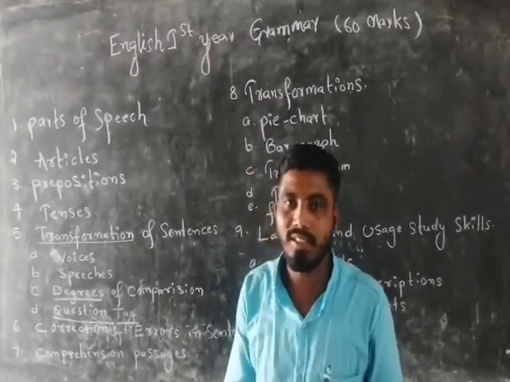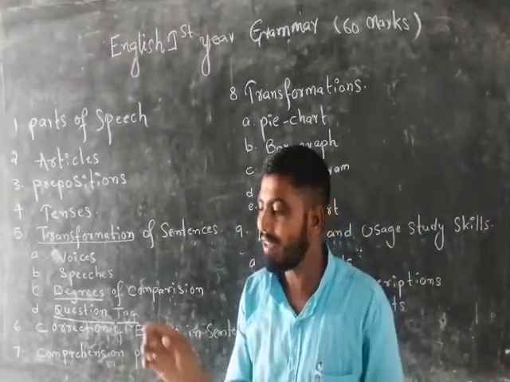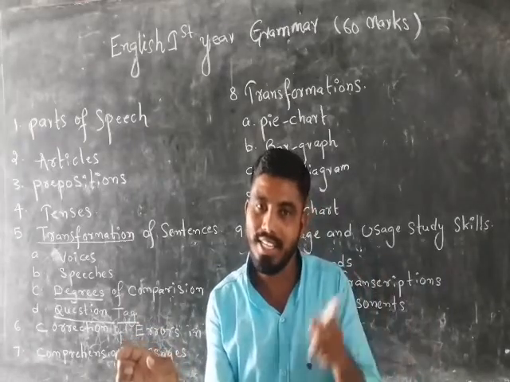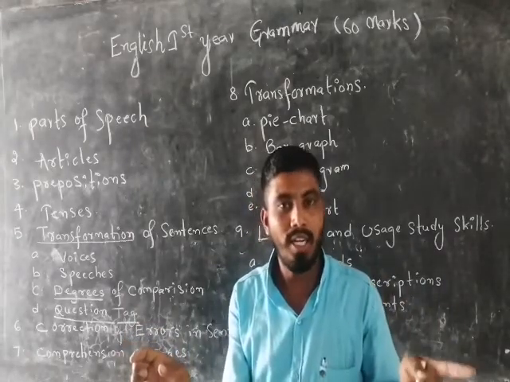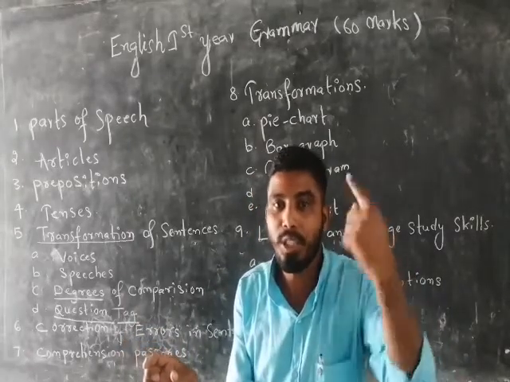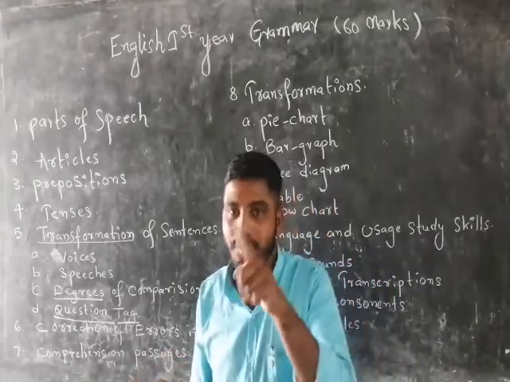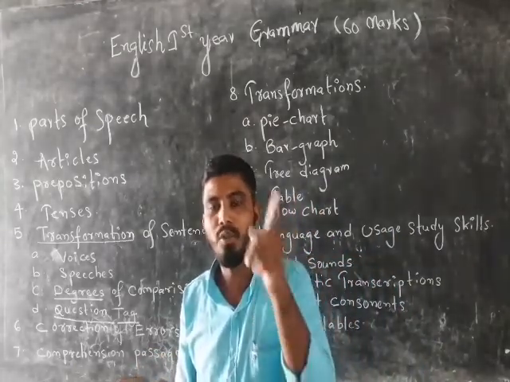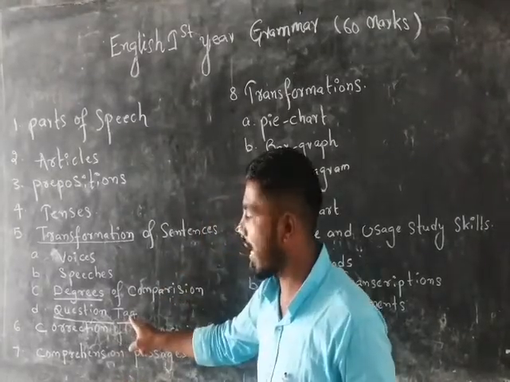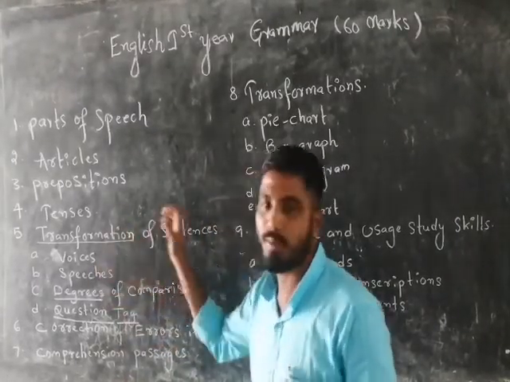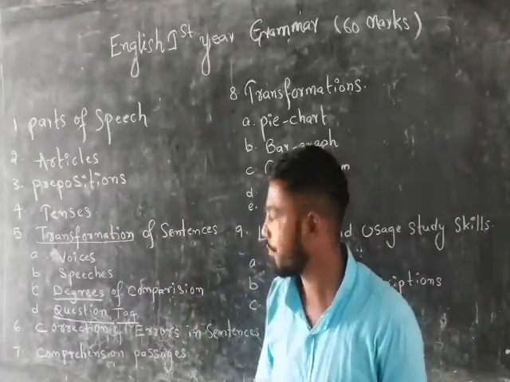This positive sentence is transformed when you attach a small tag at the end of the sentence, isn't he, and then the sentence is changed from positive to question. So we transform from positive sentence to question tags. These are the transformation of sentences.